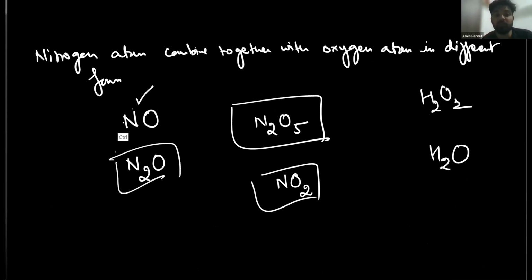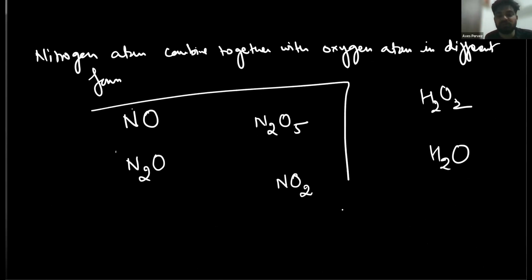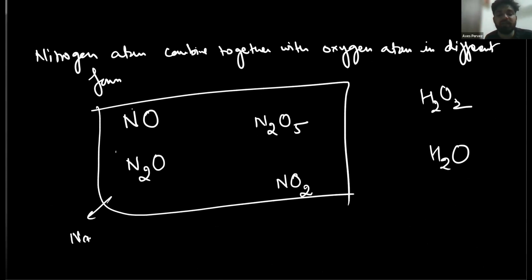Let me explain one more thing. If I ask the question, what are the elements present in this compound? These are 4 different compounds. Name the elements present in this compound.